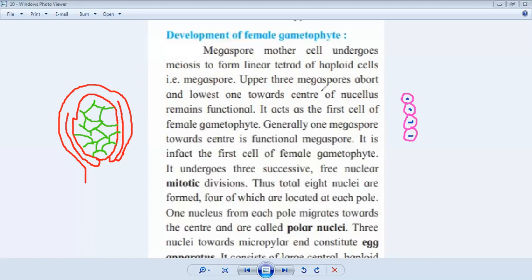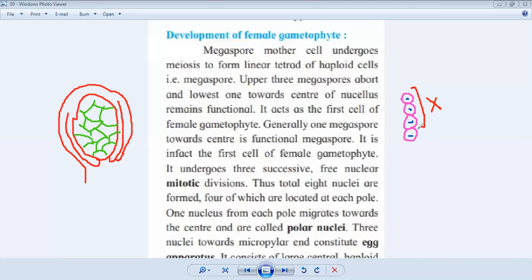The upper 3 megaspores abort, and the lowest one toward the center of the nucellus remains functional.